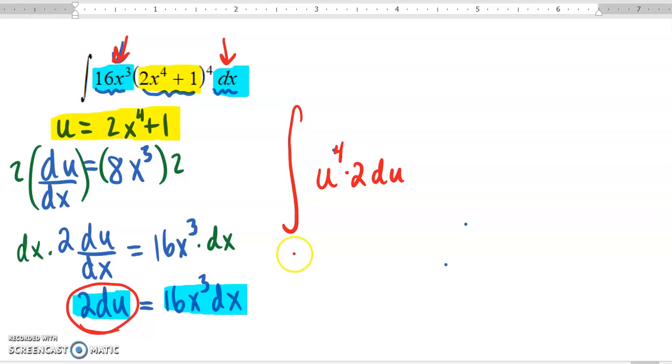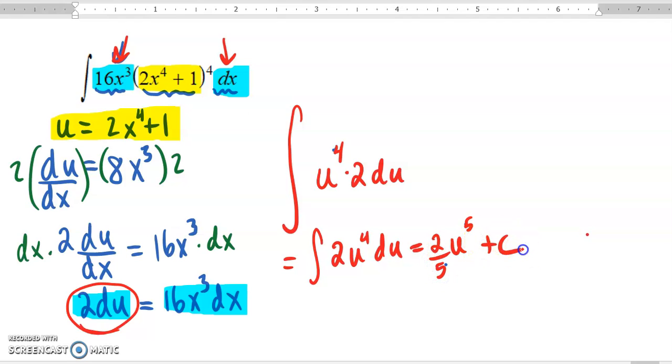So to write this a little nicer, we can say that's going to be the integral of 2u to the fourth du. So doing the integration here with u, before I substitute back for x, it will be 2 over 5 u to the power of 5, plus c.